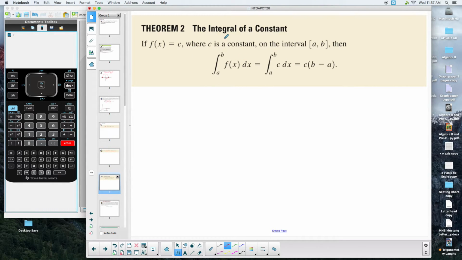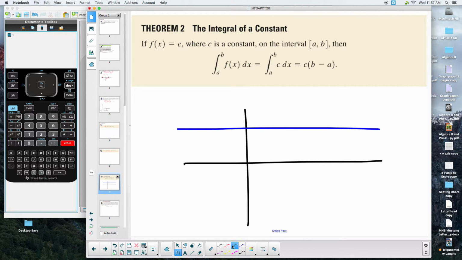So here's a theorem. If you're integrating a constant, now you know a constant will be a straight line. So a constant integrated from a to b. Well, what shape did this make?